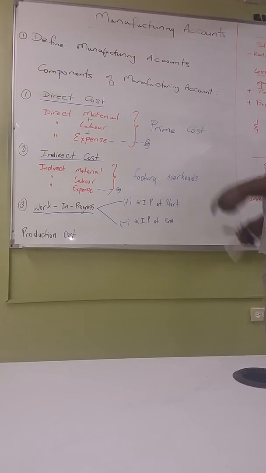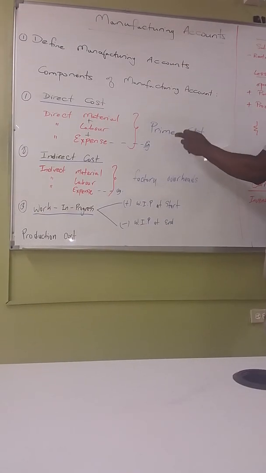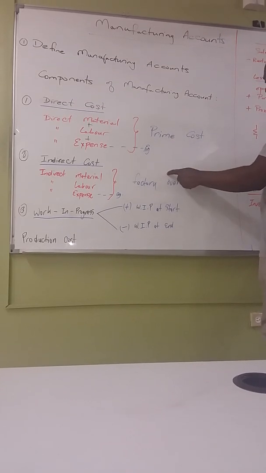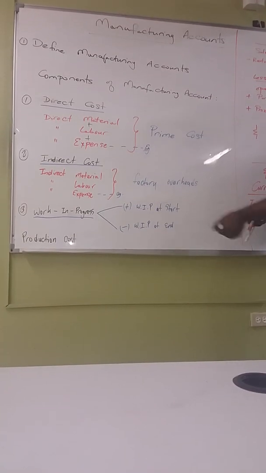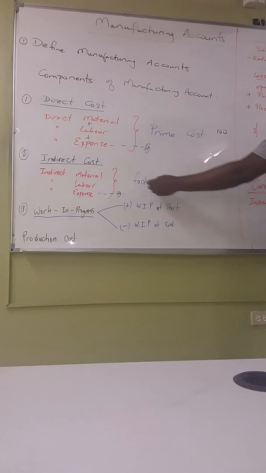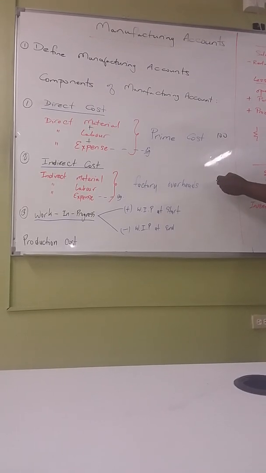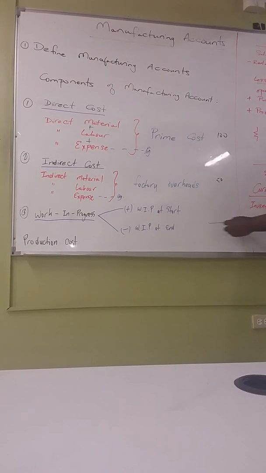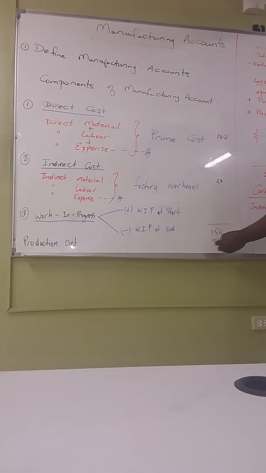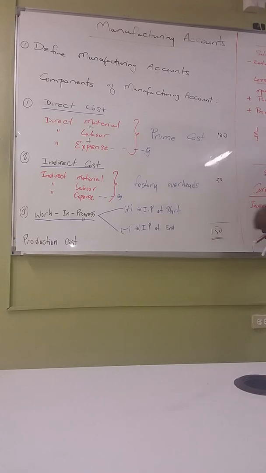And if there was no work in progress, your prime cost, meaning all of your direct costs added together, plus your factory overheads, which is all of your indirect costs added together. So if your prime cost was $100 and your factory overheads, or your indirect cost, was say 50, and if there were no work in progress, your production cost would have been 150.